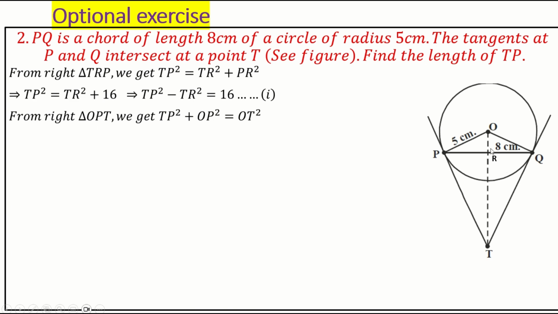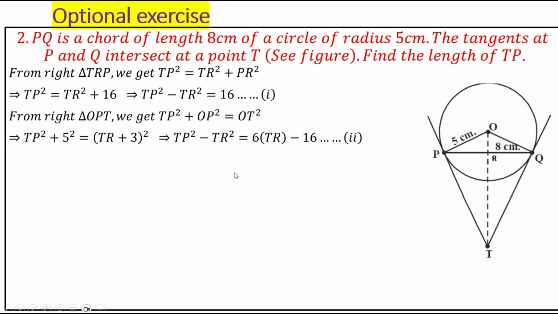And in the right angle OPT, this is a big right angle triangle. Okay. In this right angle triangle, you know, this is 5 centimeters. Okay. And there is some value here which we calculated before. In this right angle triangle, TP square plus OP square equal to OT square.